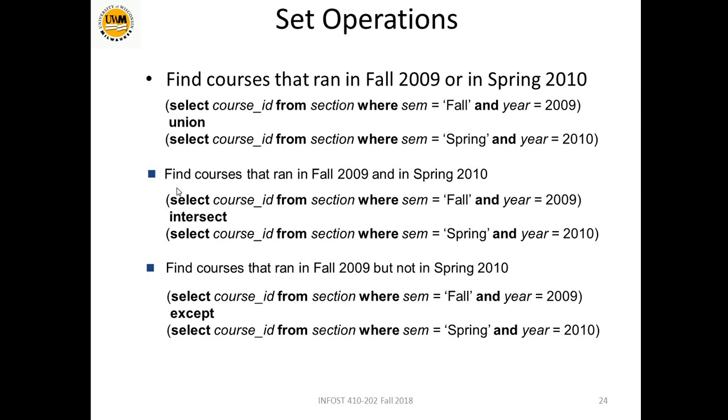If we want, for example, to find the courses that ran in fall 2009 and in spring 2010, we use the intersect. And if we want to find the courses that ran in the fall of 2009 but not in the spring of 2010, we will select all the courses that were given in fall 2009, except for those courses that were also given in spring of 2010.